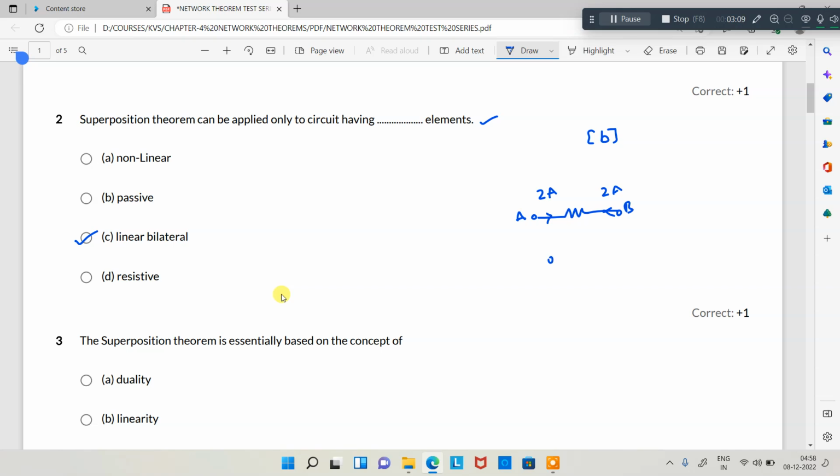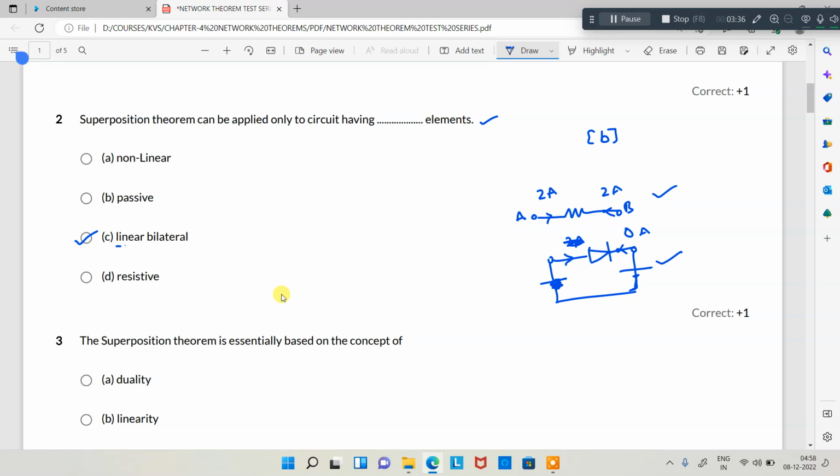For example, take a diode, with a positive and negative terminal connected like that. For example, this is 2 amperes, no problem. In case the battery is connected the other way here, the current will not be 2 amperes, it will be 0 amperes in the ideal case. That means the current in both directions is not the same. That is called unilateral. This is called bilateral.